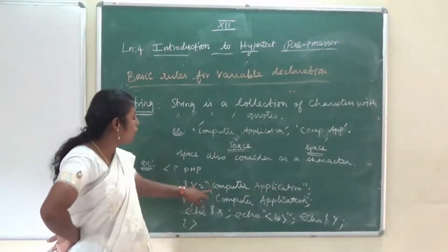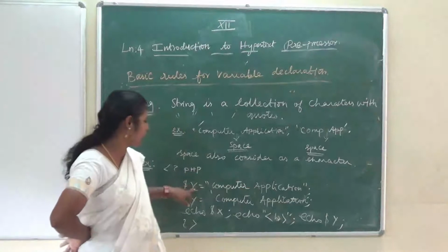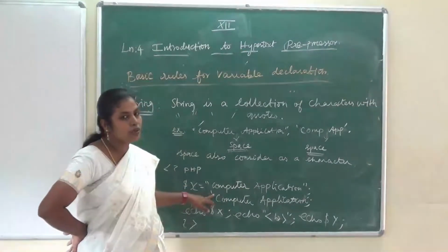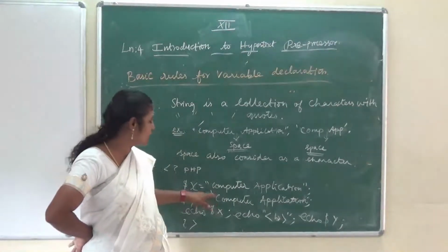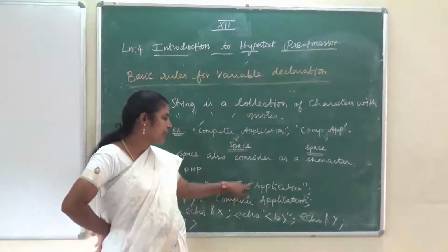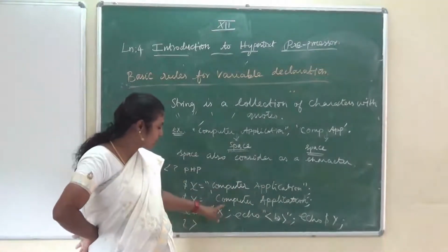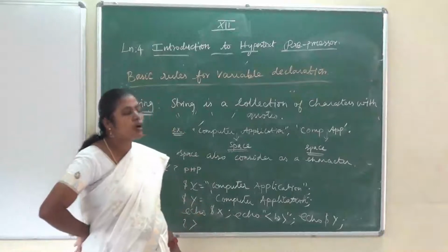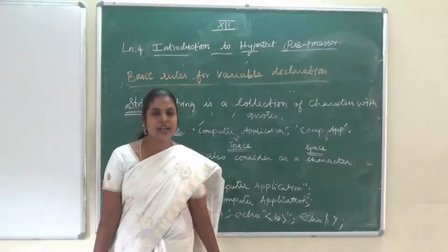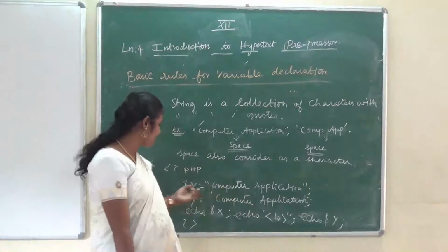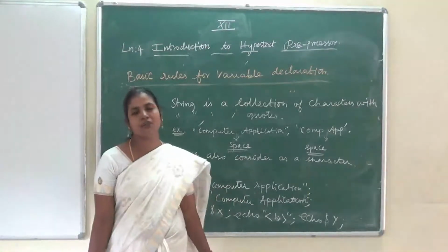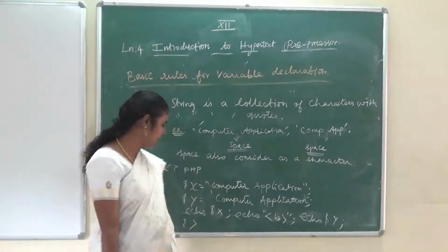Now for each, what data type have they given? String data type. How can the program understand it? A collection of characters with double quotes, otherwise a collection of characters with single quotes, whatever data is available, that is considered a string data type.